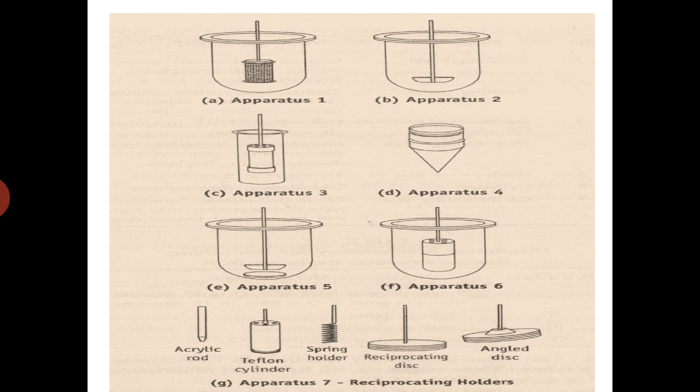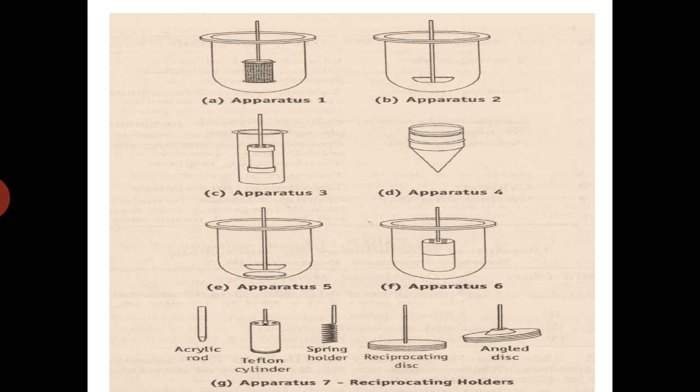The second one is the USP type 2 paddle. By using the paddle, you have already performed the dissolution of the paracetamol tablet. The paddle is inserted into the dissolution vessel, followed by inserting the tablet. In the case of the USP type 1 basket, inside the basket we take the dosage form, then the basket is inserted into the dissolution vessel and the basket is rotating.